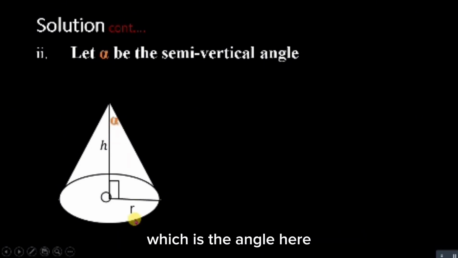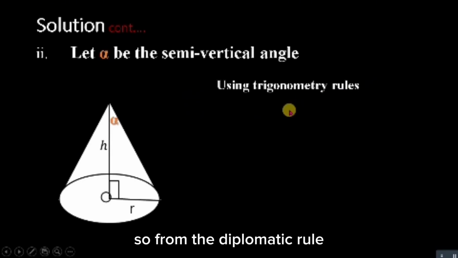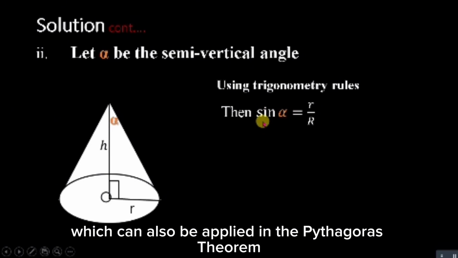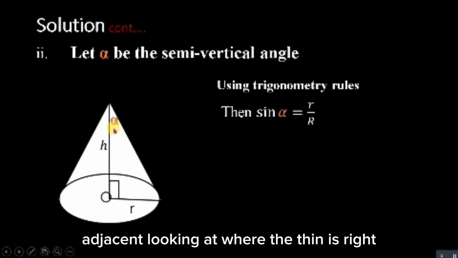So from the trigonometric rule, which can also be applied with the Pythagorean theorem, we can say that sine of theta is equal to opposite over hypotenuse, looking at where the angle is. So we can easily digest it very well.